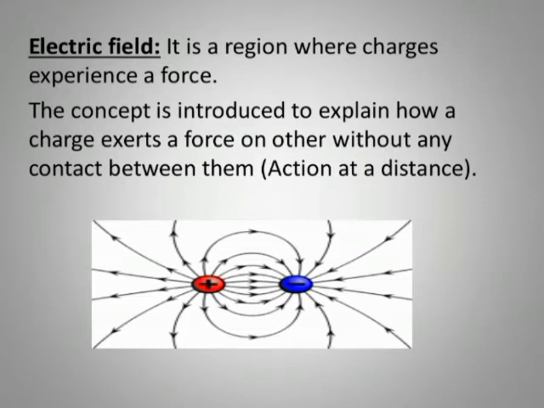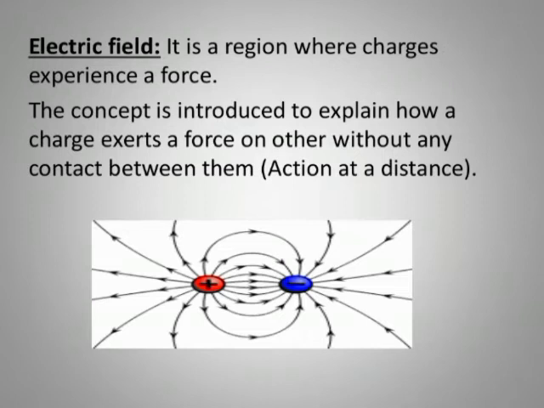The concept is introduced to explain how a charge exerts a force on another without any contact between them. There is no contact between them, but still you can see that both are exerting forces on each other, and this is called the electric field.